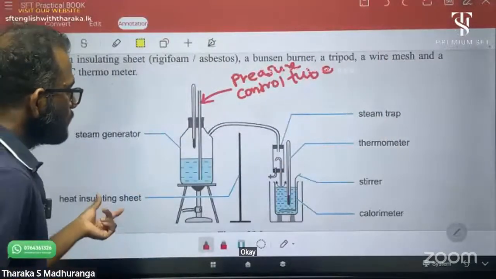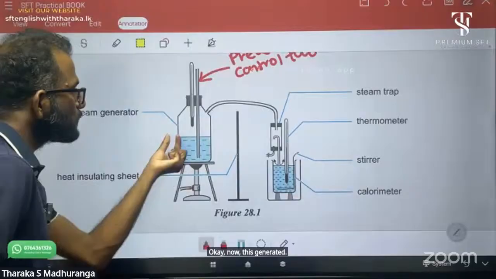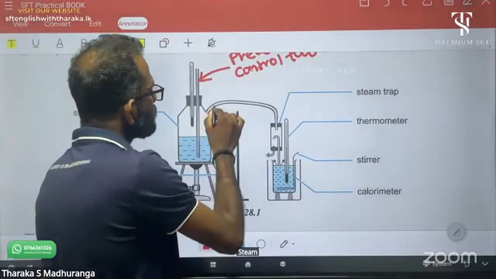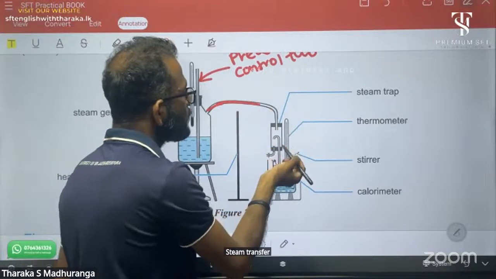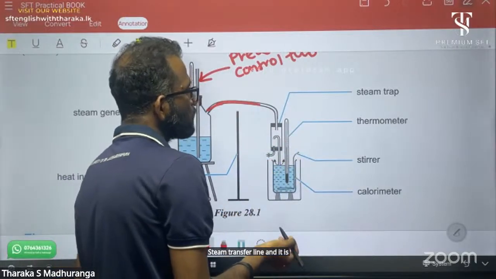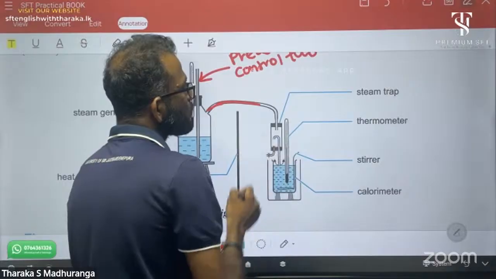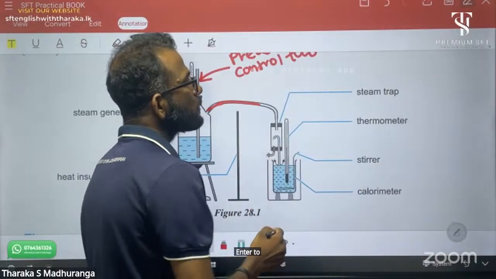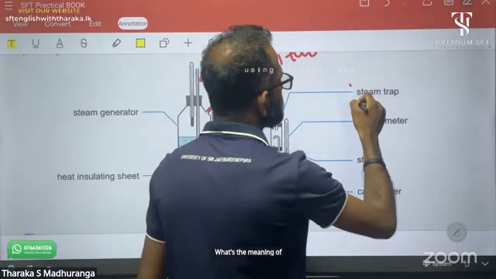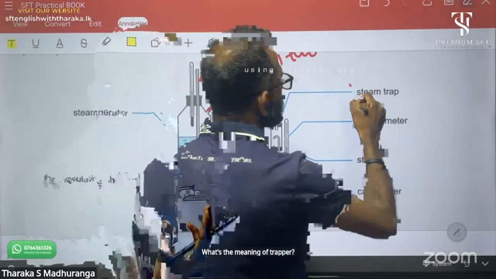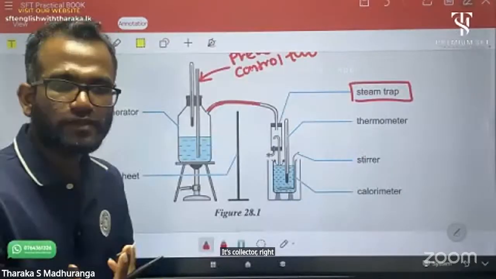Okay. Now this generated steam flows into this steam carrying line, the steam transfer line, and enters the steam trapper. What's the meaning of trapper? It's a collector, right? The steam trapper is a special one. This is the shape of the steam trapper.